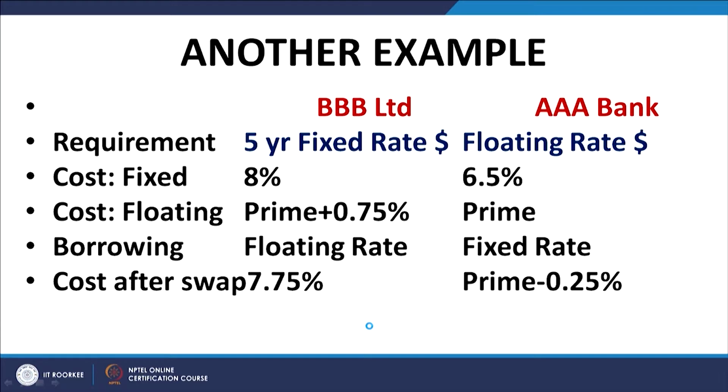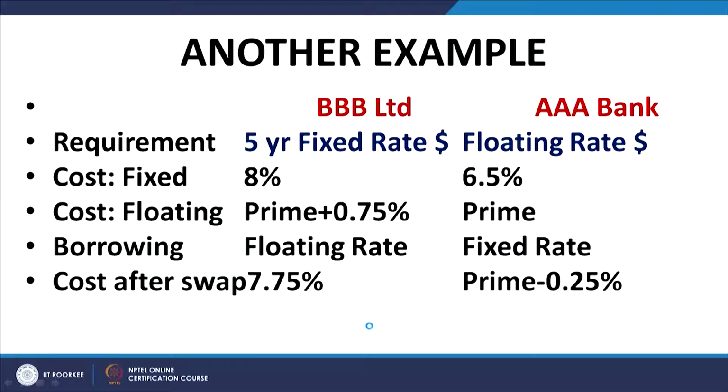Now, they have approached their merchant bankers, and the merchant bankers have advised them that the cost of fixed rate borrowings, if BBB enters the market with fixed rate bonds, is 8% per annum. And if AAA bank approaches the market for fixed rate funding, it can get the same kind of funding at 6.5%.